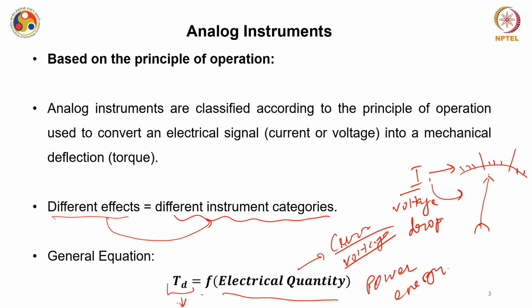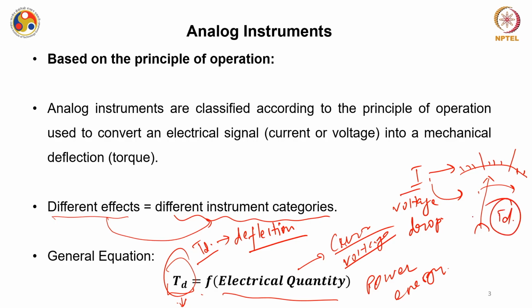We have to understand what is behind this deflection. When there is a deflection, there is a certain force acting on it, and when there is a force, there is a torque. That's why I am mentioning this torque and denoting it as TD, the deflection torque, which is because of a certain effect.